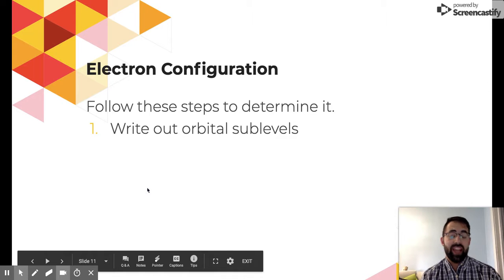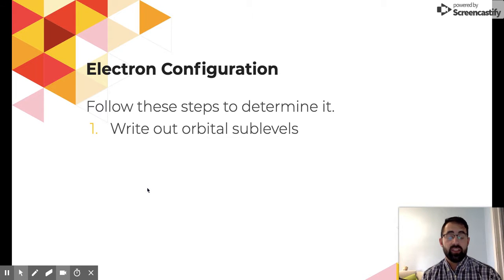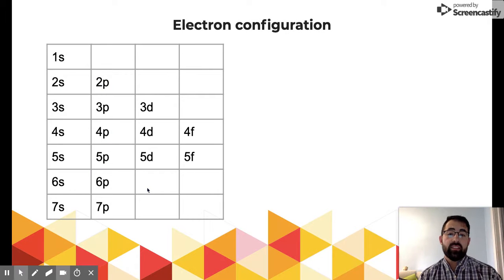All right, electron configuration. This is a way of writing out where the electrons are for an element. The first step is we're going to write out the orbital sublevels, and there's a really easy way to do this the short way, without racking our brains and memorizing more than we need to. Remember last time we talked about each level having its own sublevels, and if you've been reading your book closely, this is nothing new.